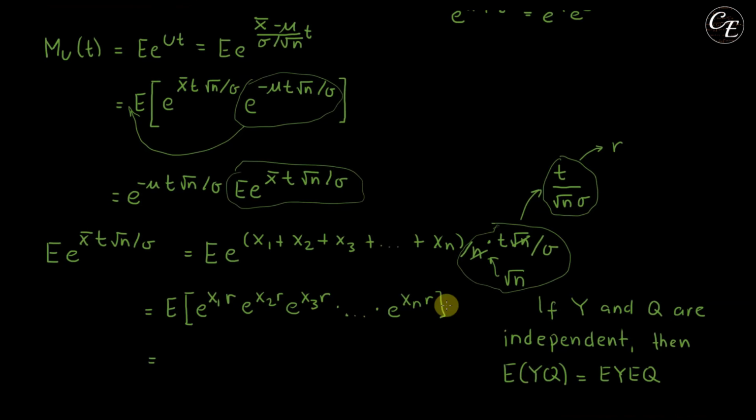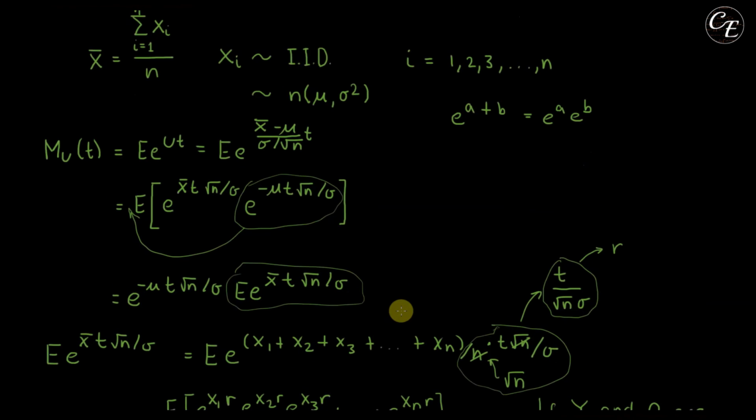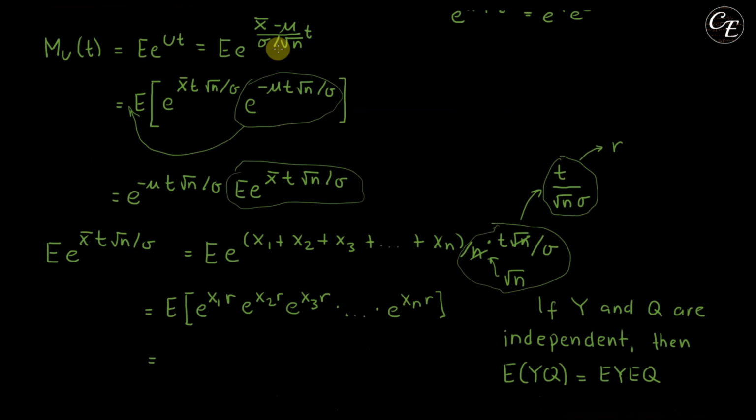Then in here, x sub 1, x sub 2, x sub 3 until x sub n are IID, therefore they are independent of each other, then their functions should be independent of each other. So this e raised to x sub 1 r, this e raised to x sub 2 r, this e raised to x sub 3 r, etc. until e raised to x sub n r should be independent of each other.